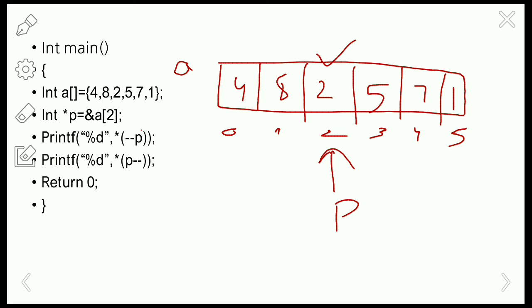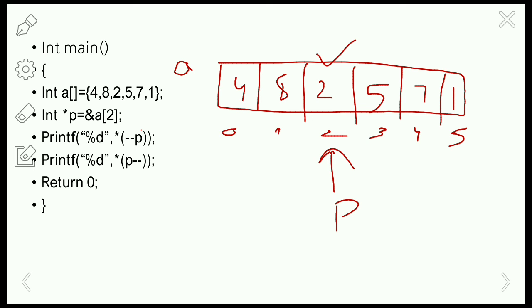Here printf %d comma asterisk of minus minus p, that means we are going to perform the pre-decrement. So first we have to perform the operation inside the parenthesis, pre-decrement p. So first of all we have to decrement the pointer.